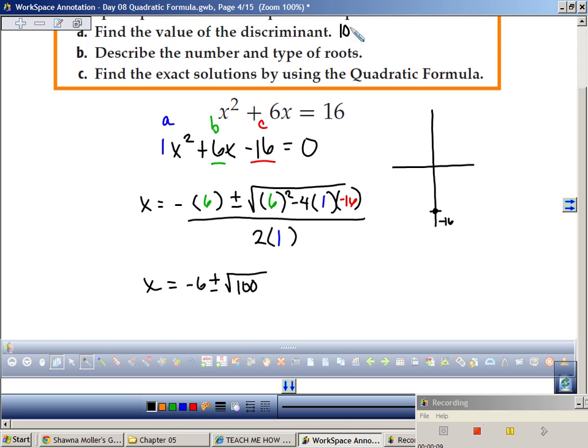So my discriminant is 100. Since it's positive and it's a square, I have 2 real roots.